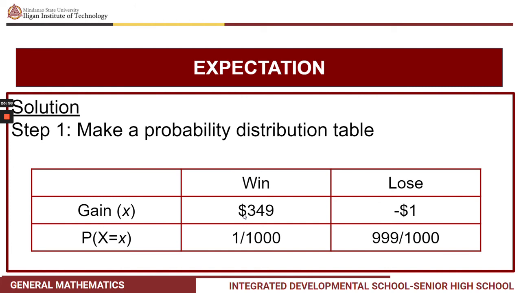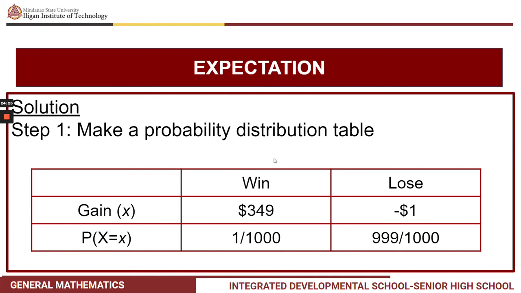Kasi, $350 yung TV, but $1 yung ticket. So, masubtract ka ng $1 yung value ng 350. So, 349 na lang ang magiging gain mo. And then, yung lose mo naman is negative $1, kasi nawalan ka ng $1. Wala kang nakuha.